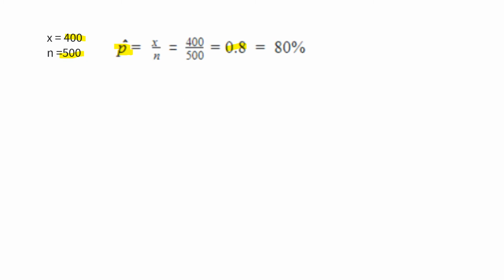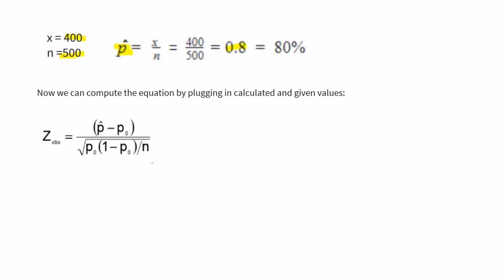Now we can compute the equation by plugging in the calculated values and the given values. Z observed equals P hat minus P0 divided by the square root of P0 into 1 minus P0 by N. This 1 minus P0 is also sometimes called Q0 for ease of remembering.